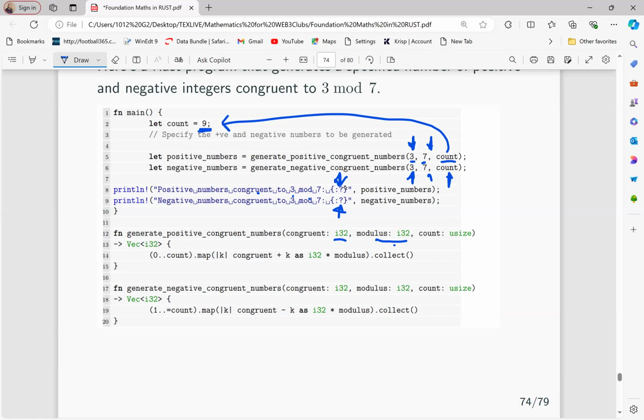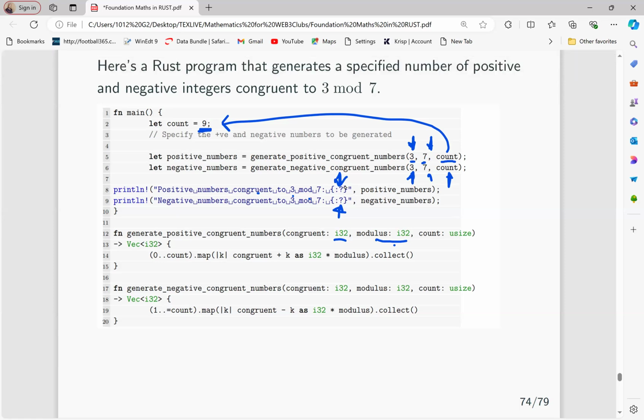I'm using I because I want negative and positive values. And of course, I'm using I also because my 3 here could be negative 3. I may want values which are congruent to negative 3. So that is why I use I. Of course, you can use U if you don't want that.